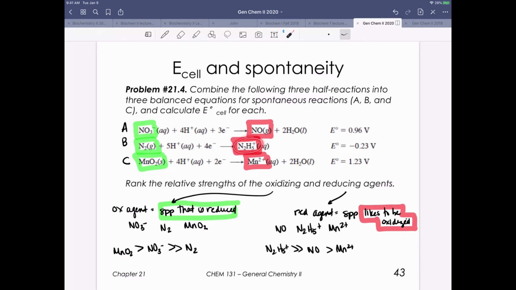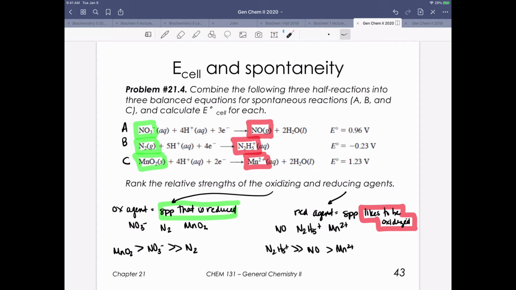So this guy most likes to give up electrons. And if we actually were to look at E's for these 2 reactions, they'd be flipped if we're looking at them as oxidation reactions. Then going in order, this guy's going to be next, and then this guy. So N2H5+ most likes to give up electrons, then NO, and then Mn2+.